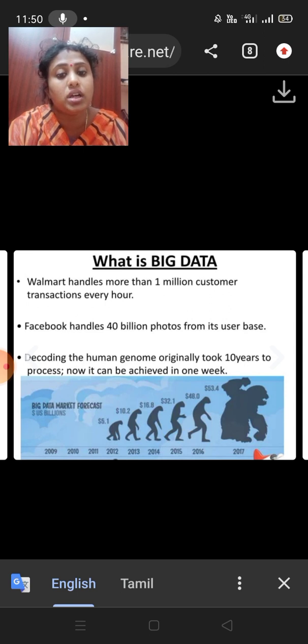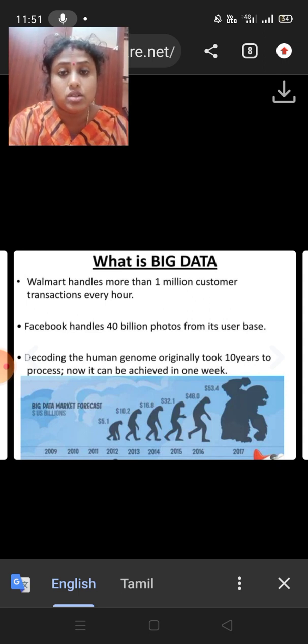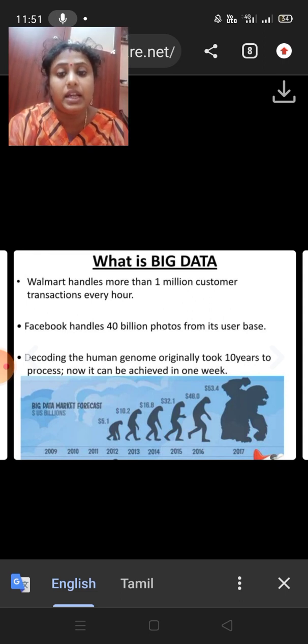Decoding the human genome originally took 10 years to process, and now it can be achieved in 1 week. It means the 1 million customer transactions stored as data is considered big data, as well as the Facebook users' 40 billion photos and transactions. These bases are called big data.